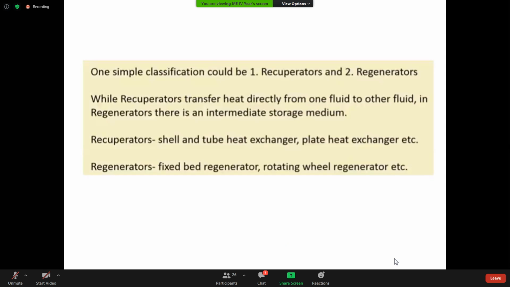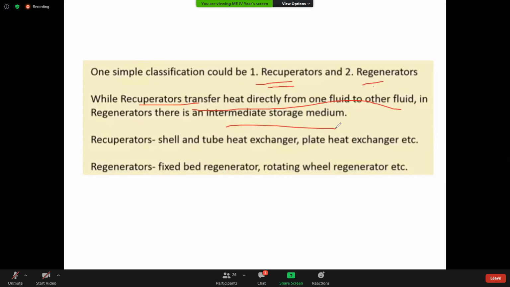As I said, there are the recuperators and regenerators. Broadly, there are two types in the classification: recuperators and regenerators. Recuperators transfer heat directly from one fluid to another fluid. Whereas regenerators use an intermediate storage medium like the rotating disc we have discussed.